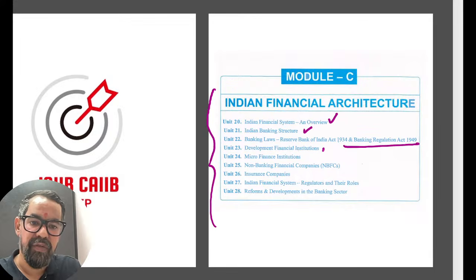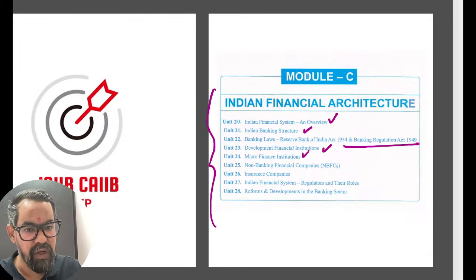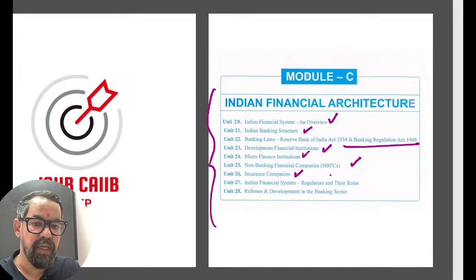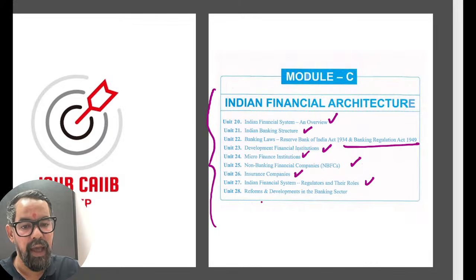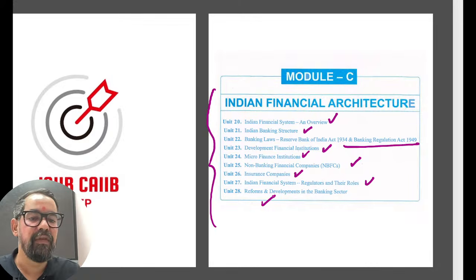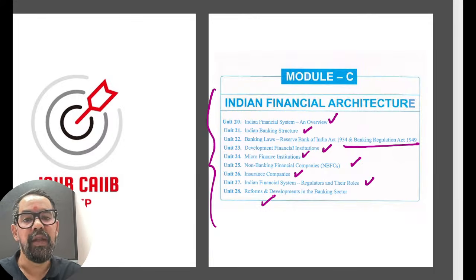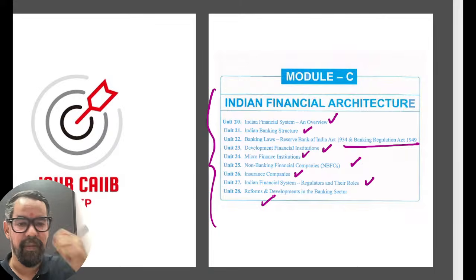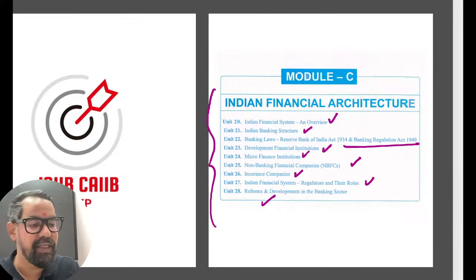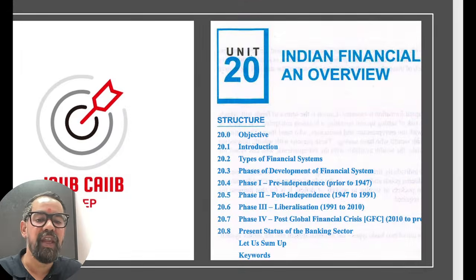Then we have DFIs, then microfinance institutions, NBFCs, insurance companies, Indian financial system regulators and their role, and reforms and development in banking sector. So overall in total we have 9 units which are part of this module. Let's start the discussion with the very first unit.